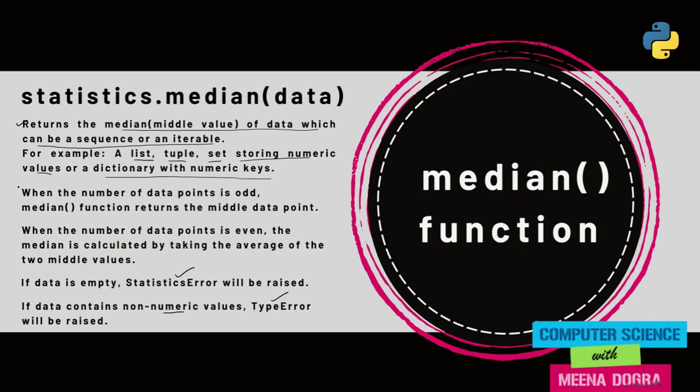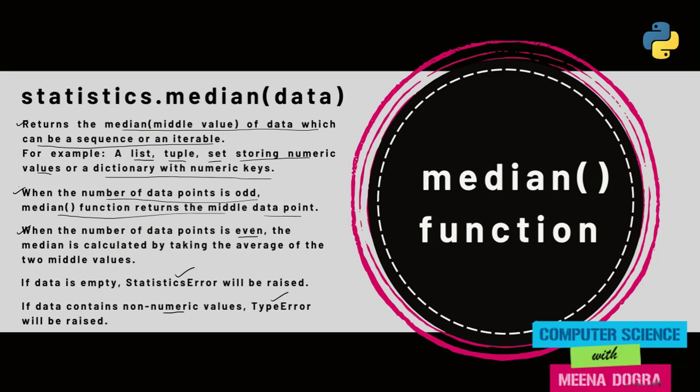Now coming back to the description of median. Now there might be times when my number of data points is odd. Fine, if my list is containing say 5 elements or 3 elements, it's containing odd number of elements, it is very easy, median function will return the middle data point. So it is very easy to find out the central element, middle element in a data set with odd number of elements. Now if your number of data points is even, fine, what does median do?